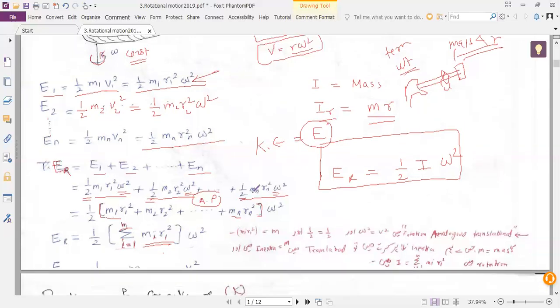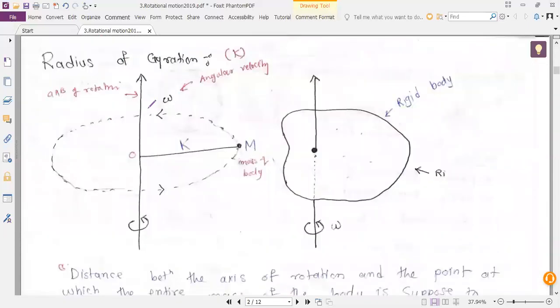Okay, remember this one. Now, the second topic is radius of gyration. Radius of gyration is represented by the symbol capital K. Now, what do we mean by radius of gyration? We will understand with the help of an example. Again, we take any random rigid body and one axis, and the body is rotating about this axis.